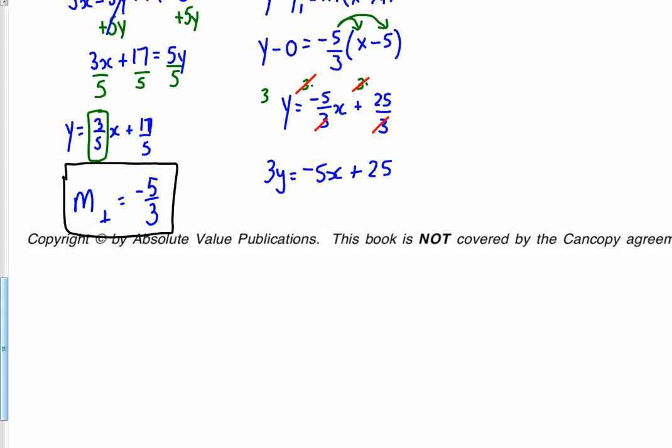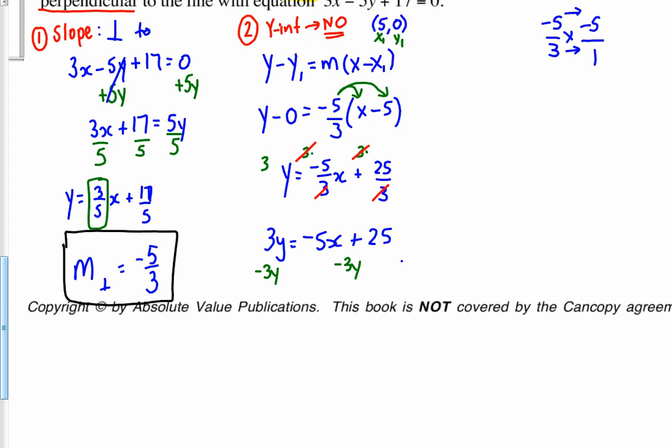What's our next step? Move the y. Now you could have moved the y first and then multiplied everything by 3. That would have been fine as well. Okay? I like to get rid of the fraction first, but that's just me. So let's subtract 3y over. We get 0 equals negative 5x minus 3y plus 25.